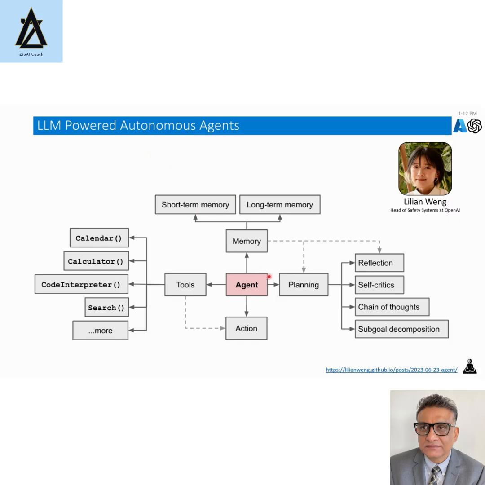So if you see, in agentic AI, agent is central to everything. It has a model which is not shown here. So assume agent always has a GenAI model, and that's the capability it leverages. Beside having the model, it has access to tools. These tools are capabilities that enable agent to do certain things. For example, here you can see it has calendar, calculator, code interpreter, search.